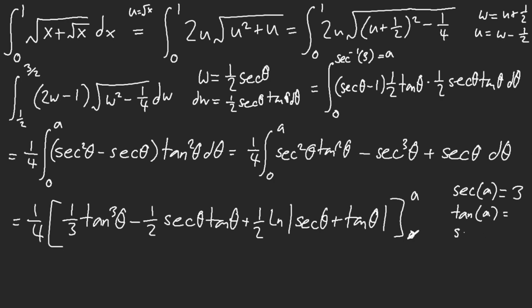Tangent of arcsecant is going to equal the square root of x squared minus 1, because if you plug in x as secant theta, it comes out as tangent theta. So we'll get 3 squared minus 1, which is 8, so square root of 8. That's pretty much all you have.